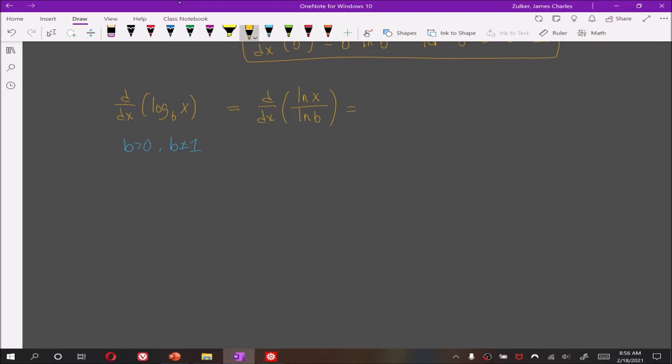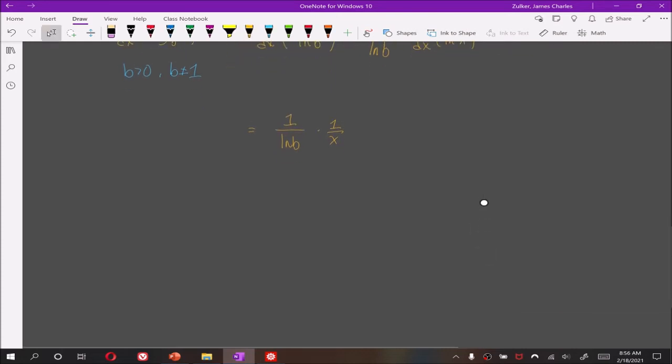Now we can use the constant multiple rule to write this as 1 over the natural log of b times the derivative of the natural log of x. So this is 1 over the natural log of b times 1 over x. So we therefore conclude that the derivative of the general logarithm base b is 1 over x times natural log of b, for b larger than 0, but not equal to 1.